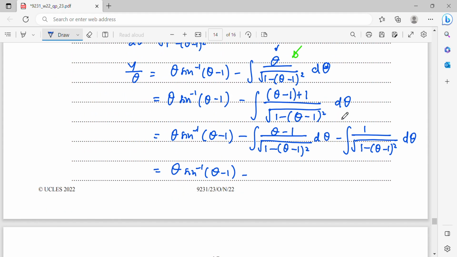No need to add c first. Then the last term is basically inverse sine of theta minus 1, and then you add c. For the final answer, just simplify the minus in the second term.